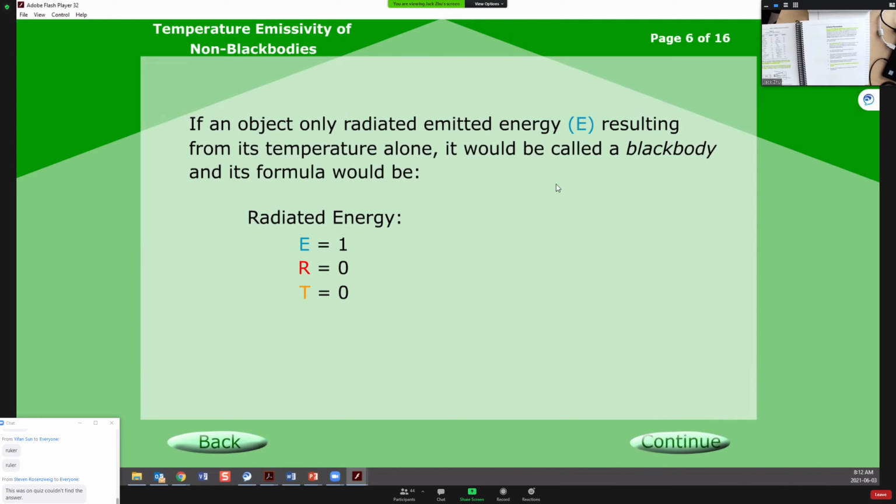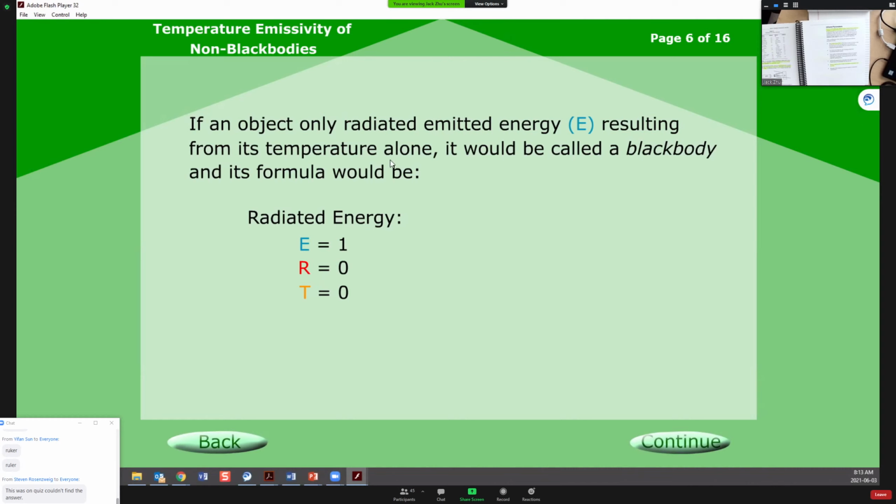A black body cannot let transmitted energy through, nothing can go through, because the light doesn't go through the black body, and the black body will absorb all the reflected energy. It will not reflect back.